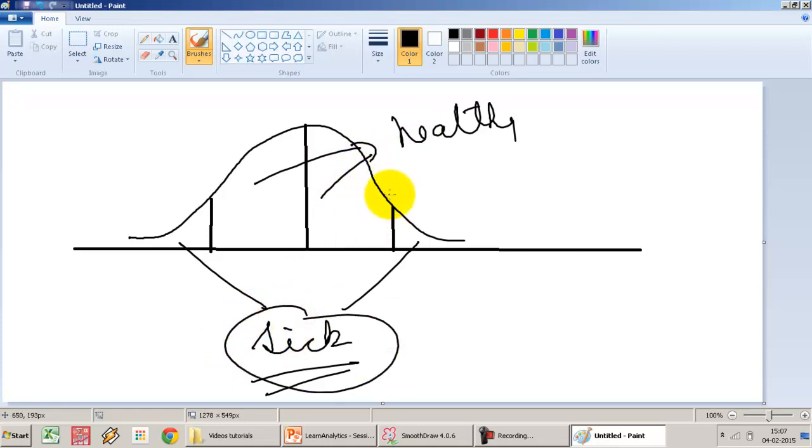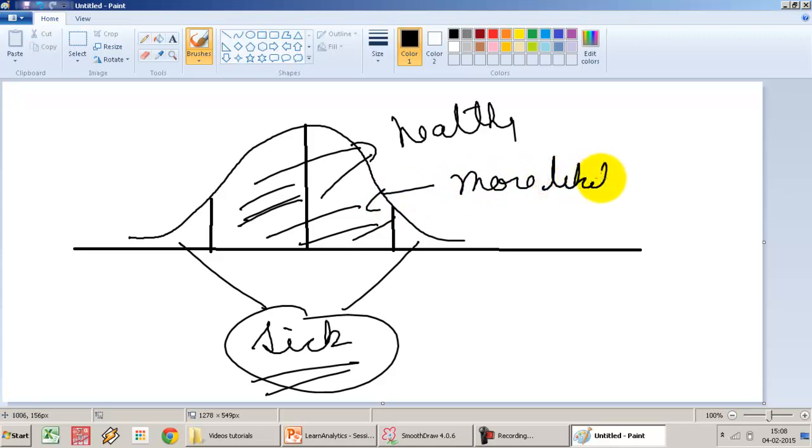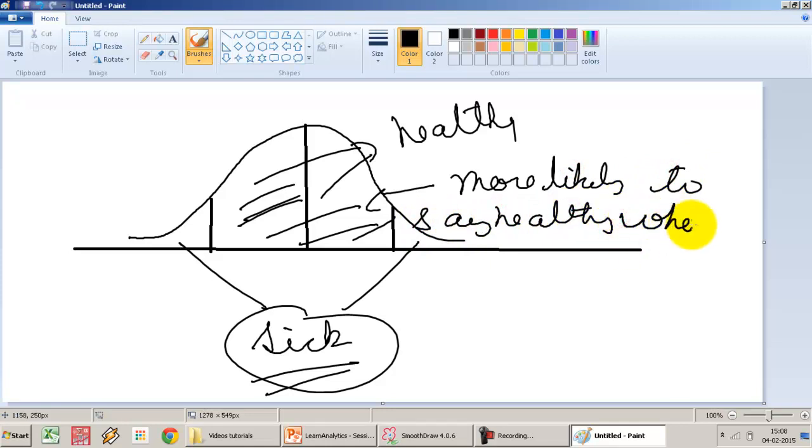If I have a large acceptance region, and the rejection region is small, I'm more likely to accept the null when the null is false, that is, more likely to say healthy when not. What happens if I start having a smaller acceptance region? I reduce the acceptance region, and therefore the rejection region starts to increase.